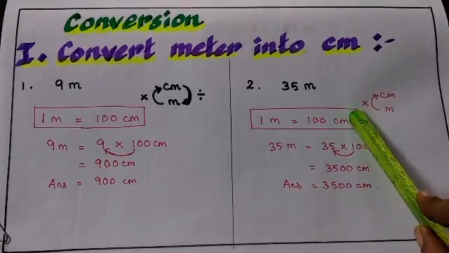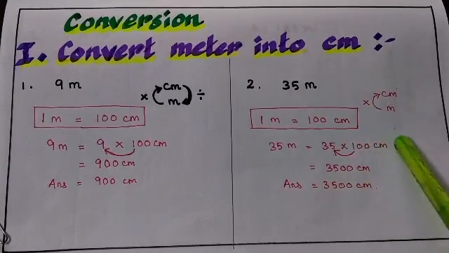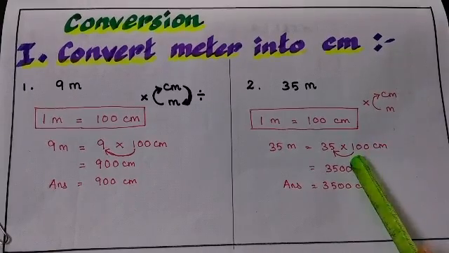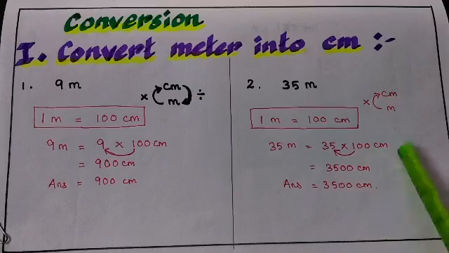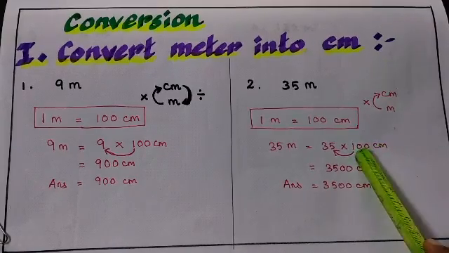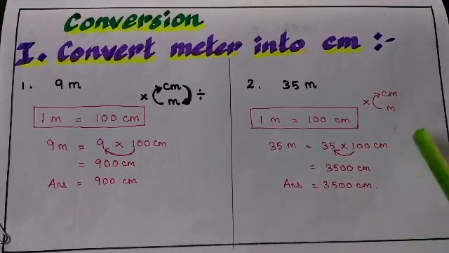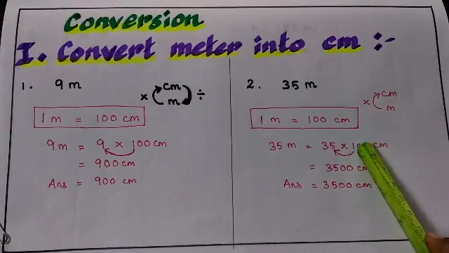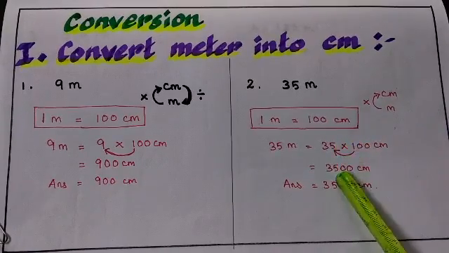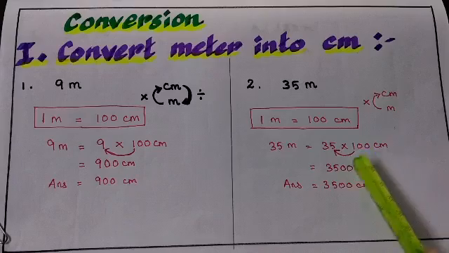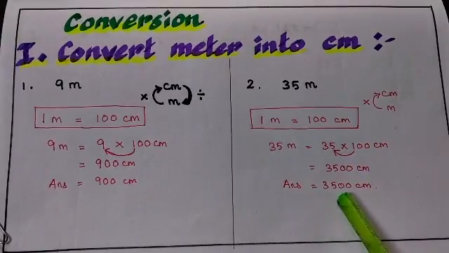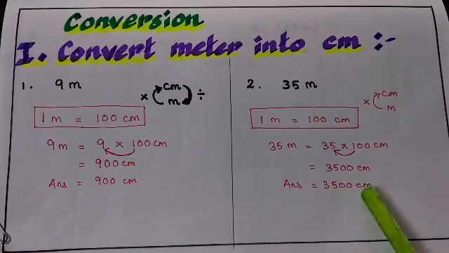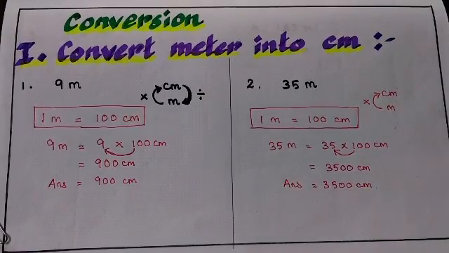This is the standard unit of centimeter. Only with the 1 if you multiply, that is enough. Why? Because the zeros have no value. So after multiplying by 1, 35 ones are 35. You can just write the zeros here, adding the 0s. You will get the answer as 3500 centimeter. Understood this, children?